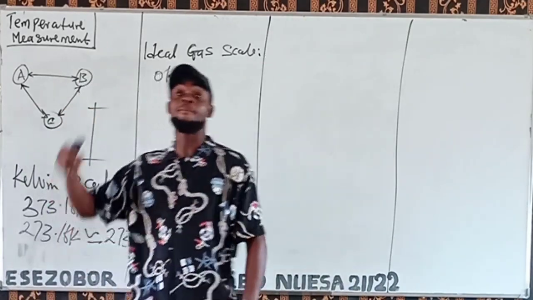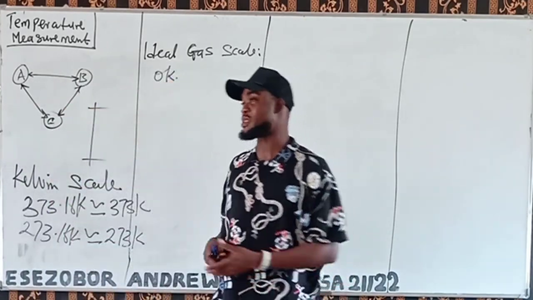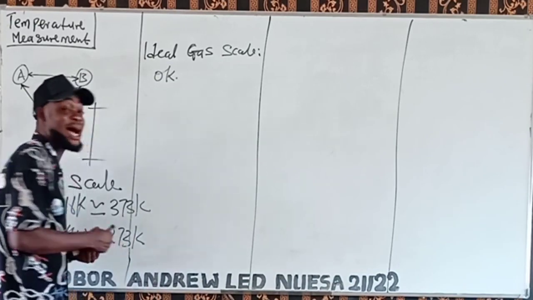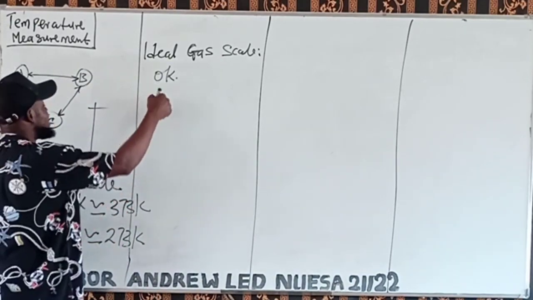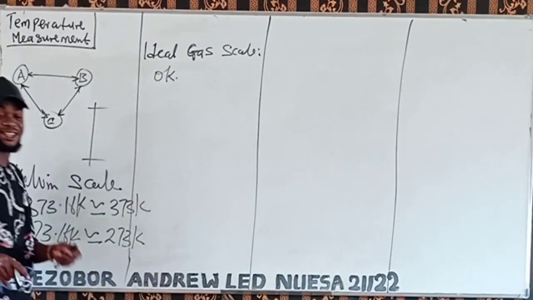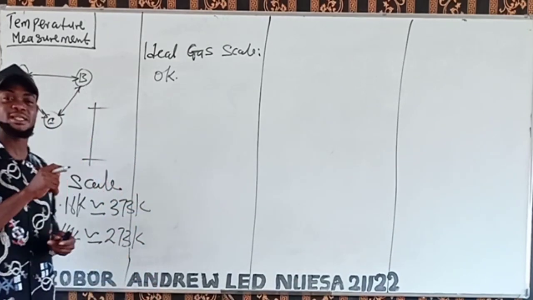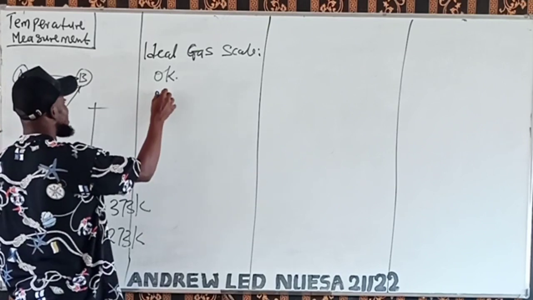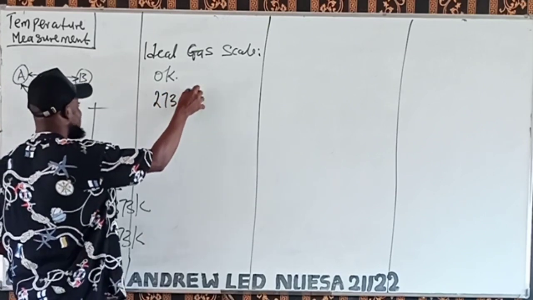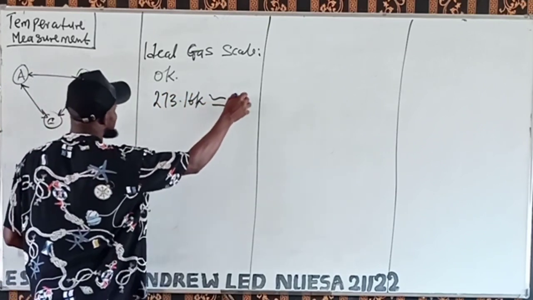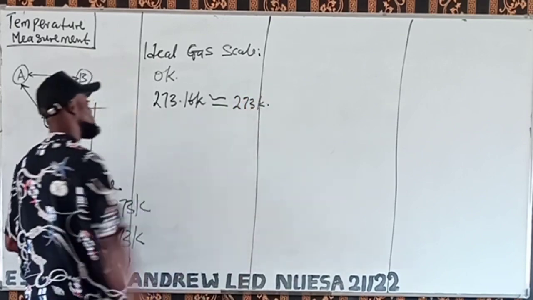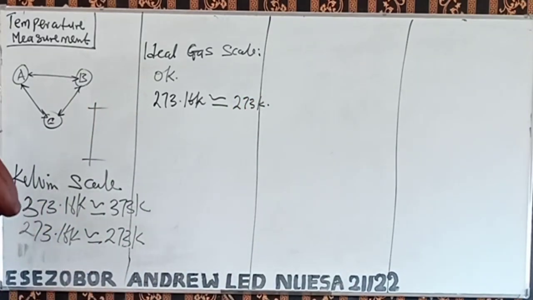That point is called the triple point of water. And the temperature at that point is the upper fixed point of the Kelvin scale, which is 273.16 Kelvin, approximately 273 Kelvin. Take note of that.